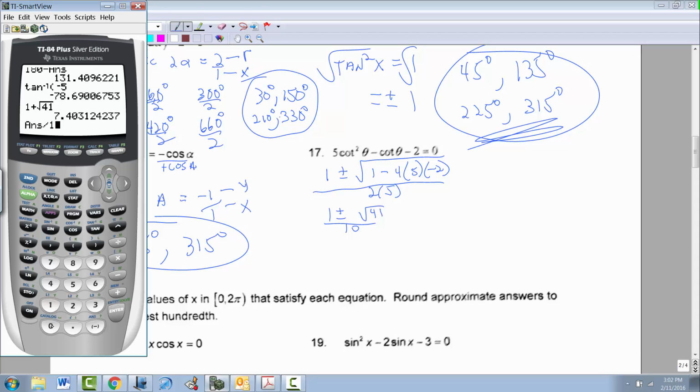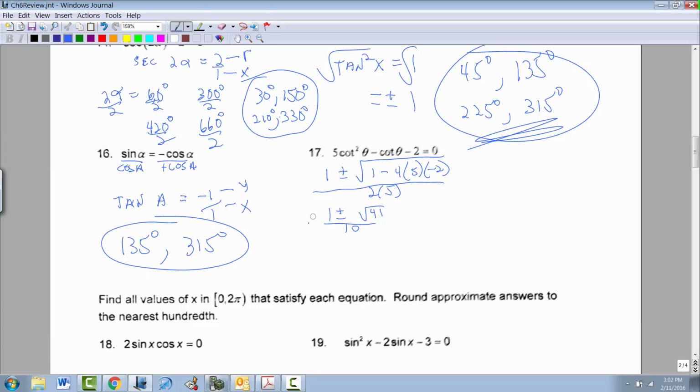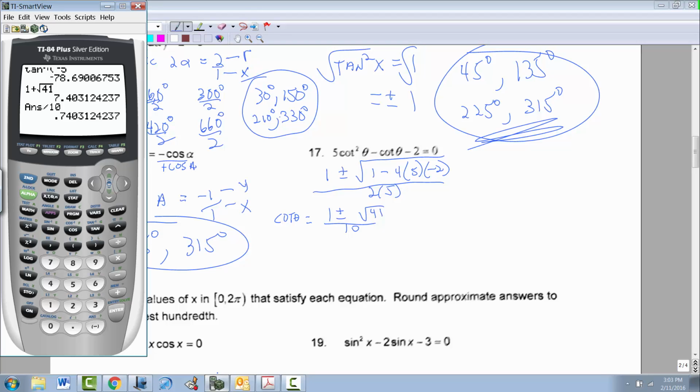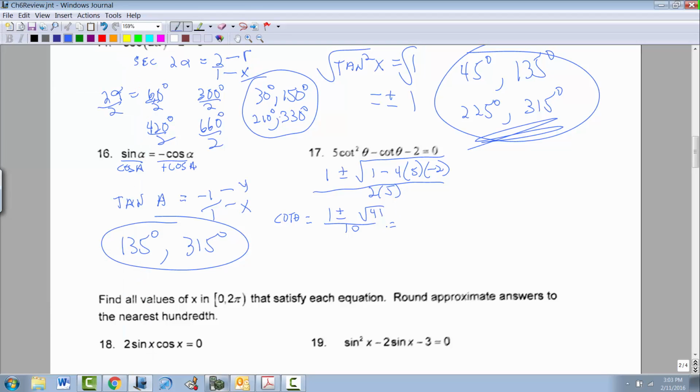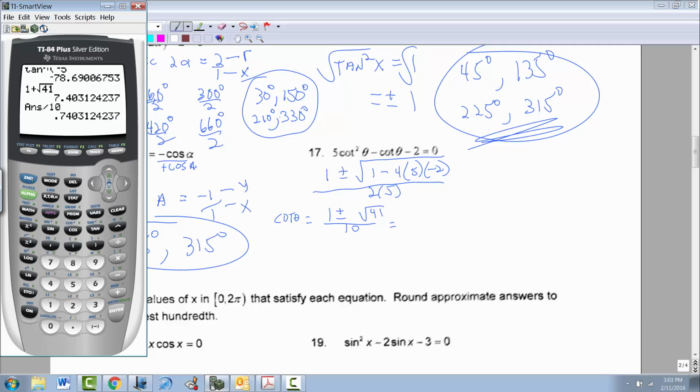Divided by 10. And then we have to inverse tan the... Oh, no. Okay, so that's what cotan of theta equals. So that's what cotangent equals, this ratio. So when I have my 84 out, I have to do 1 over this.